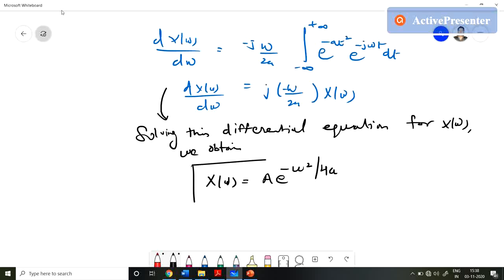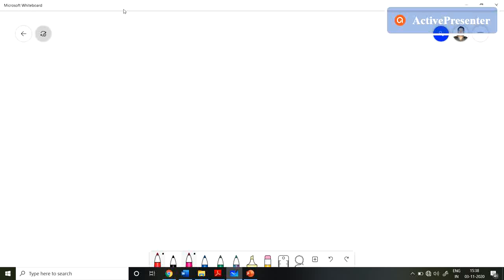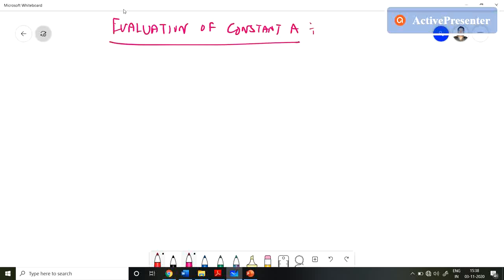This is the solution for this first order differential equation, where A is an arbitrary constant value. So our aim is to evaluate the value of the constant A.